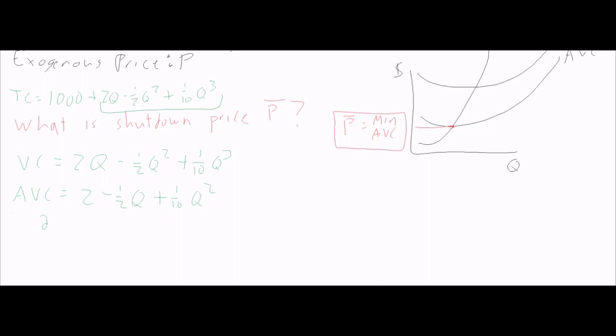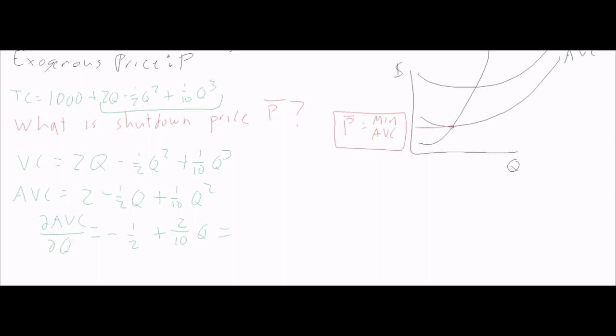So you would set the derivative of your average variable cost with respect to Q equal to 0. But what's the derivative of the average variable cost? It's minus 1/2 plus 2/10 Q. If you're not sure where I got that, go ahead and check out my video on the power rule. This is just a simple application of the power rule.